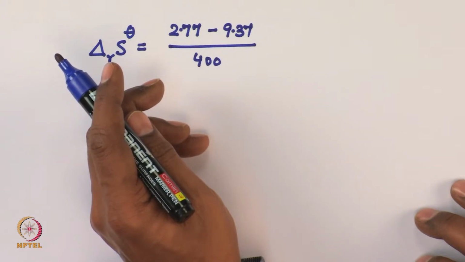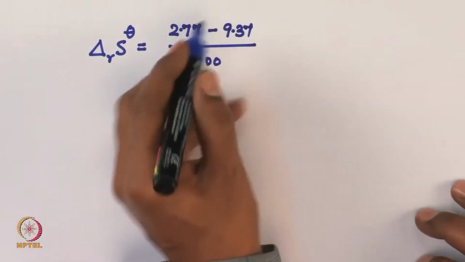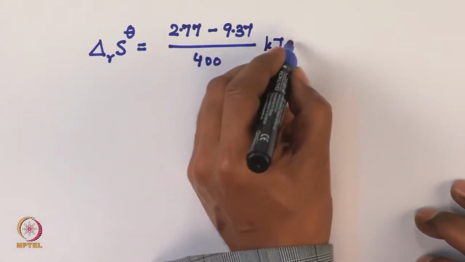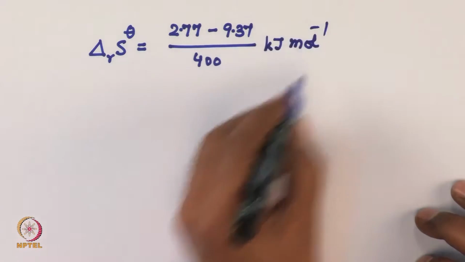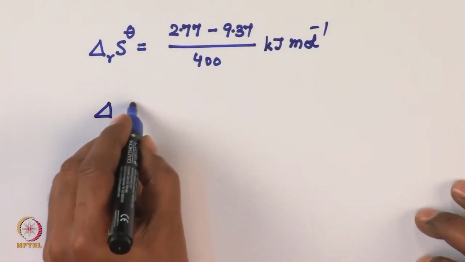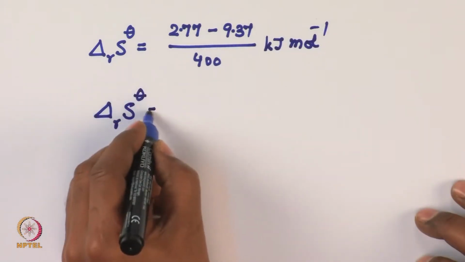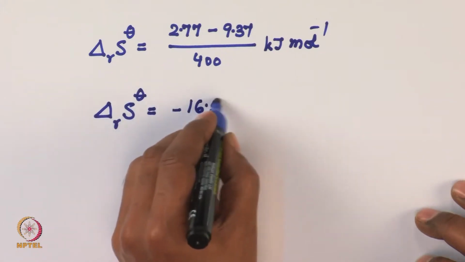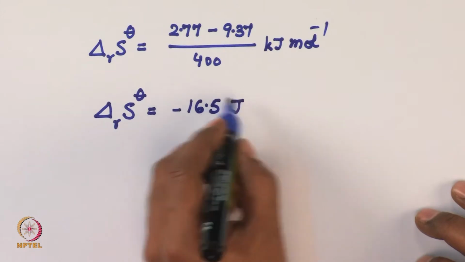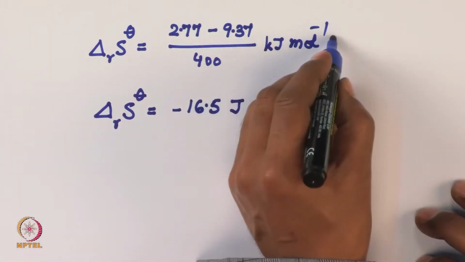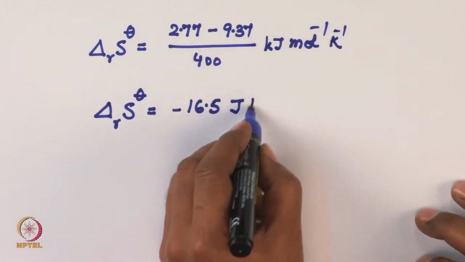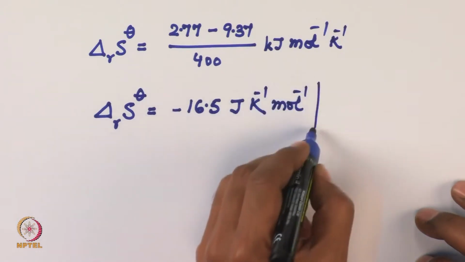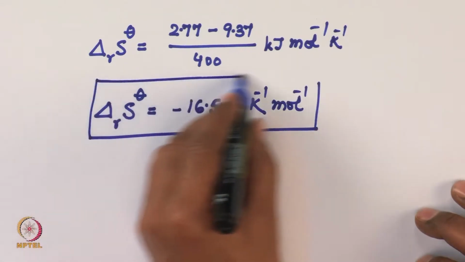Once you solve this, this number will come out to be minus 16.5, and convert into joules. Of course, there will be Kelvin here, per Kelvin per mole. We get the reaction entropy also.